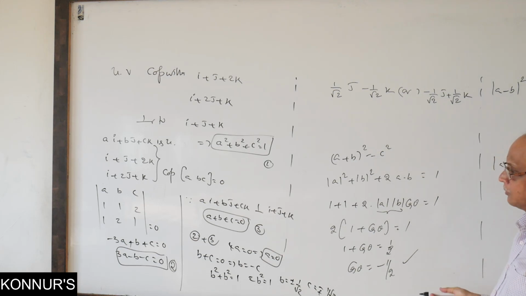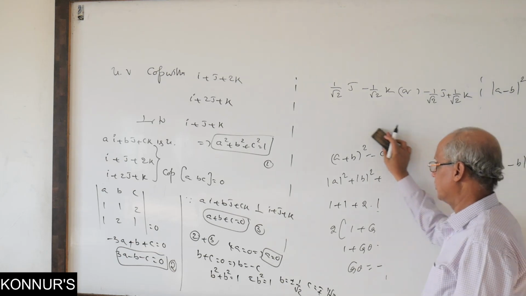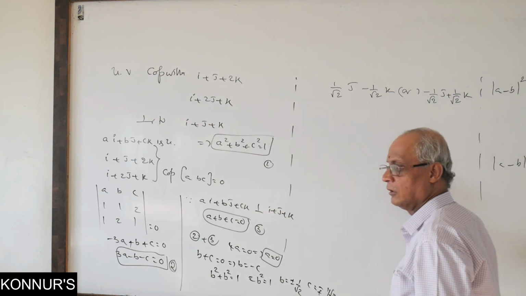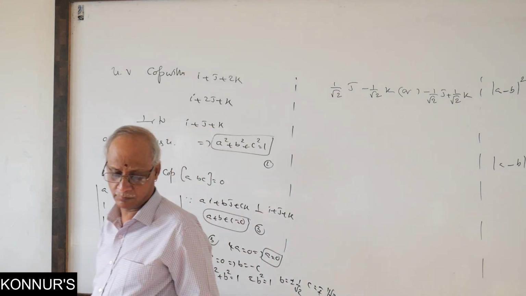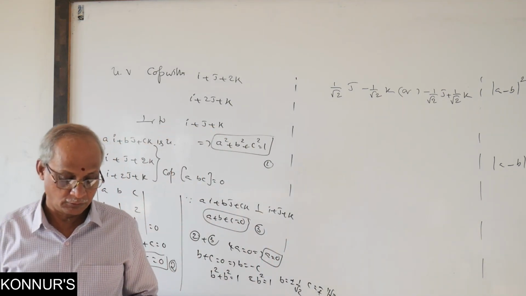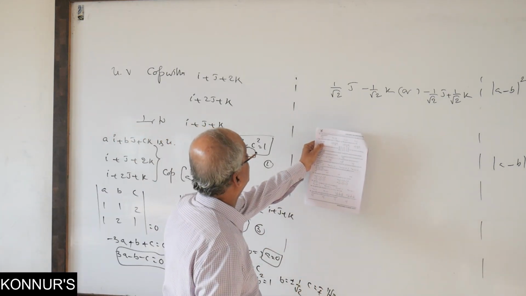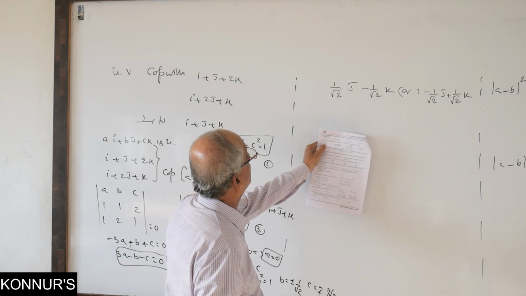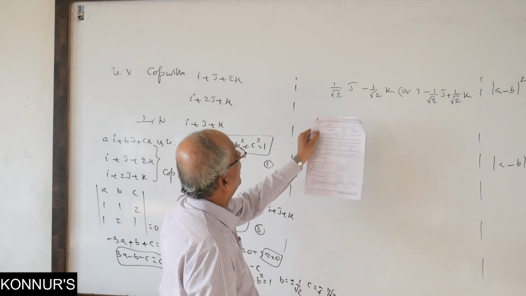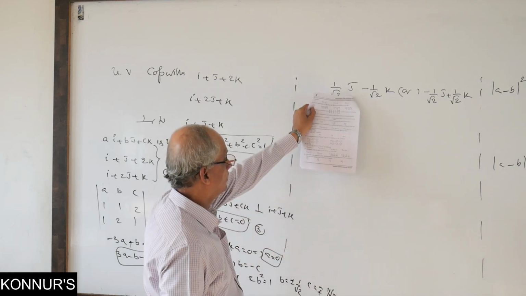No other condition, whether b is positive or negative, is mentioned, and hence one of these two will be in the options. Where do we have it? First answer: j minus k by root 2. All others in i, j, k are wrong only. He is giving this answer.